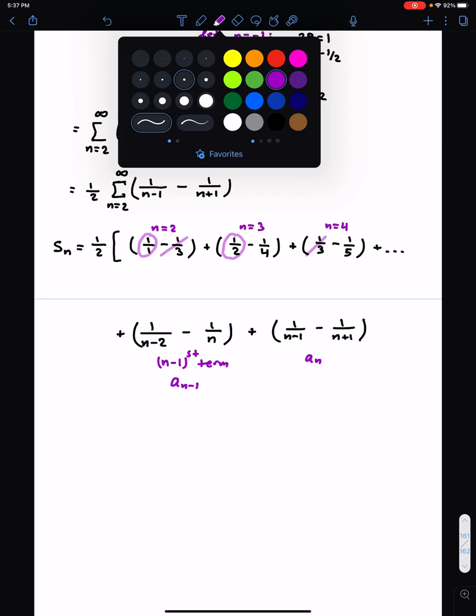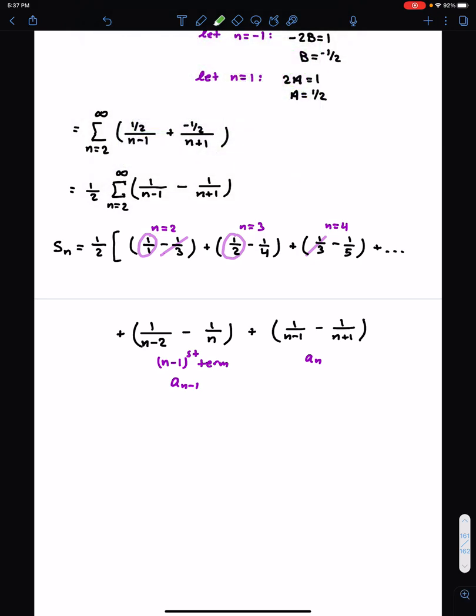If I expand more of these out, the negative 1 over 4 will cancel with the positive 1 over 4 when n is equal to 5. The negative 1/5 will cancel with the positive 1/5.